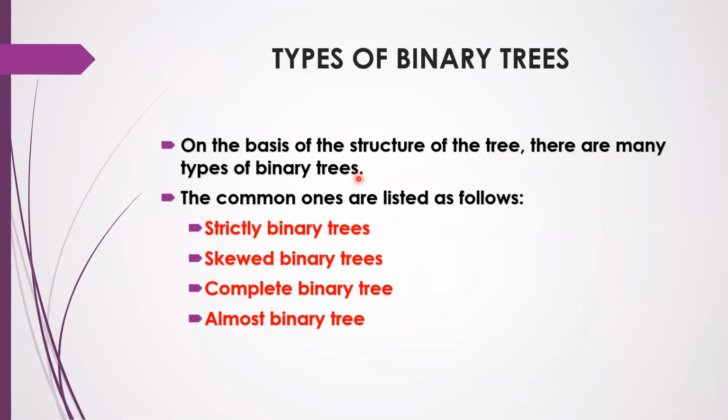There is a root node, child nodes, and parent nodes, and each child has only one parent node, but one parent can have many children. All the nodes are connected with branches. There are no interconnections. On the basis of this hierarchical structure, there are many types of binary trees, but the most common ones I have listed here: strictly binary trees, skewed binary trees, complete binary trees, and almost binary trees.